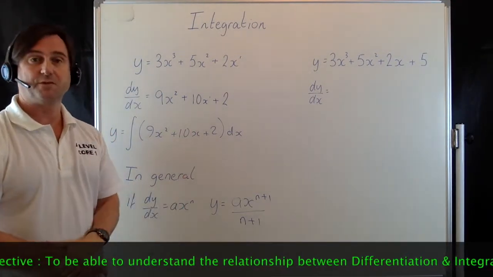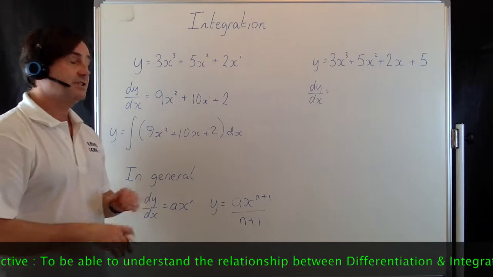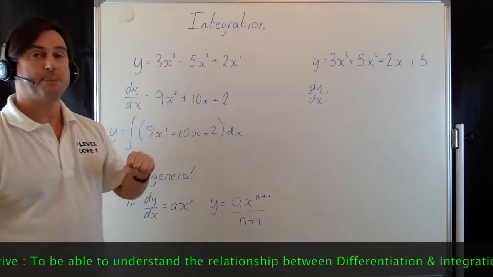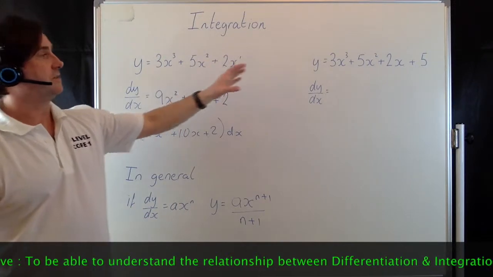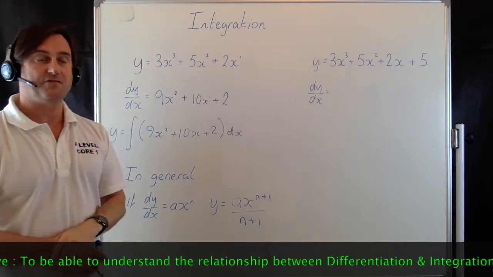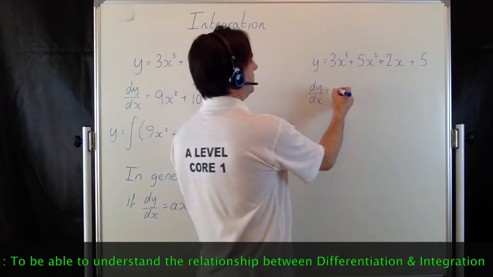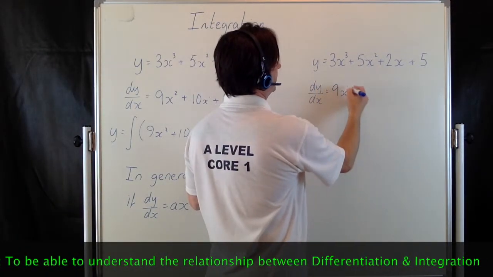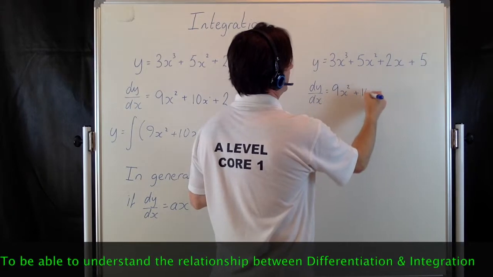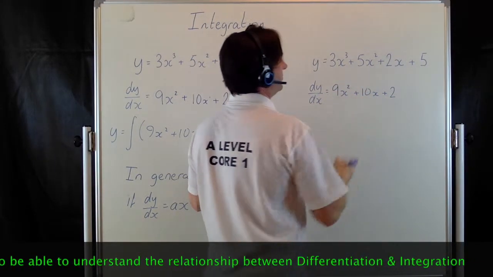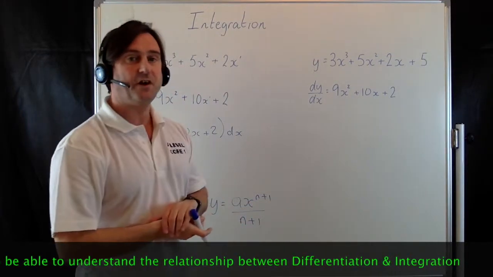It looks pretty straightforward. There is a slight problem though with this. Let's have a look at this second one here. It's almost identical, but if you have a look, it's got the plus 5 written on the end there. Let's differentiate this. We're going to get 9x squared plus 10x plus 2. But what happens to the 5?